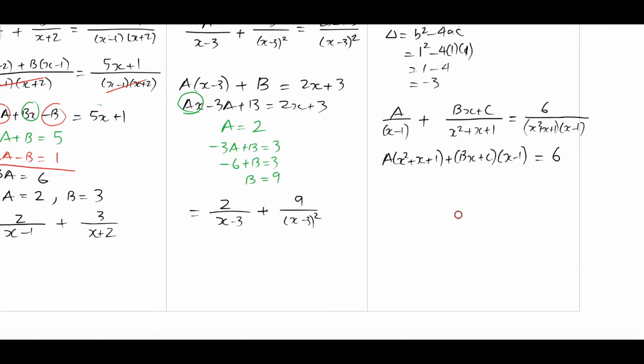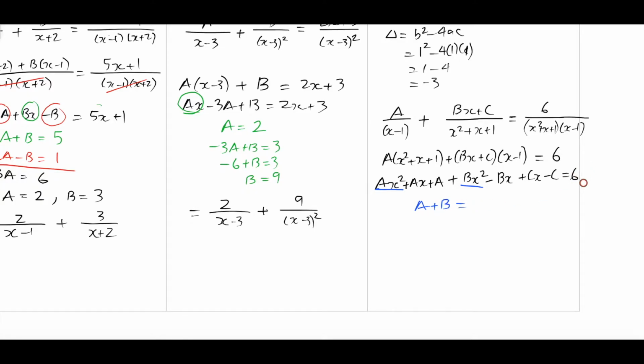Let's solve for a and b. So expand this: ax squared plus ax. This is the longest one, but it's well worth it when you do answer the question. It's quite nice. Bx times x is bx squared. Bx times minus 1 is minus bx. And then c times x minus c equals 6. Right, let's group them together. So ax squared and bx squared, a plus b, we're only looking at the coefficient.